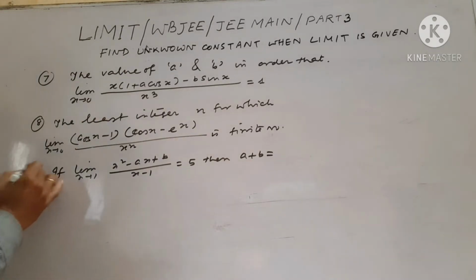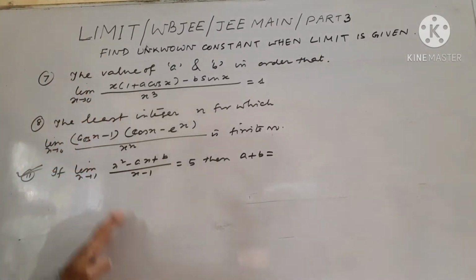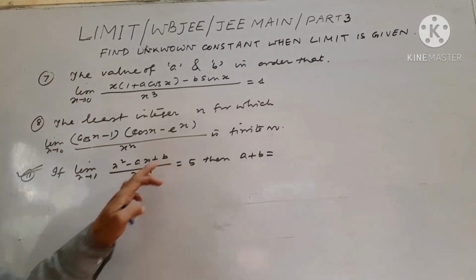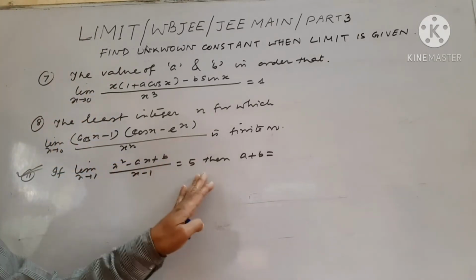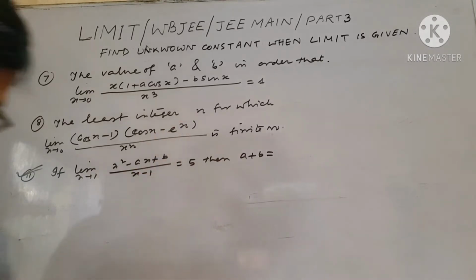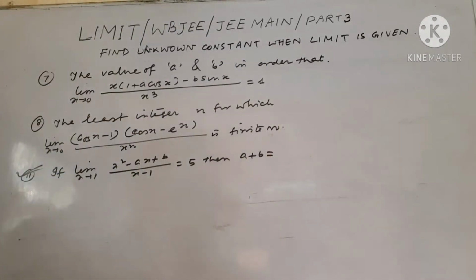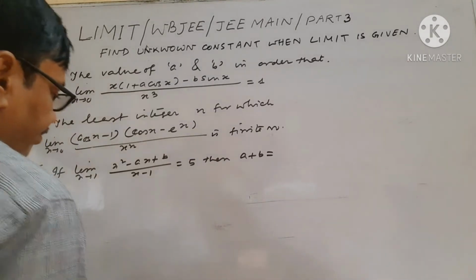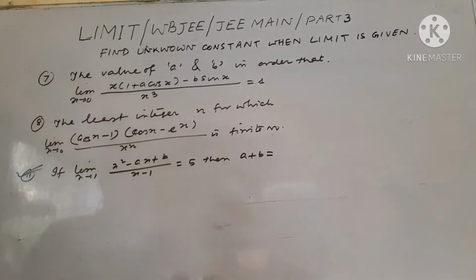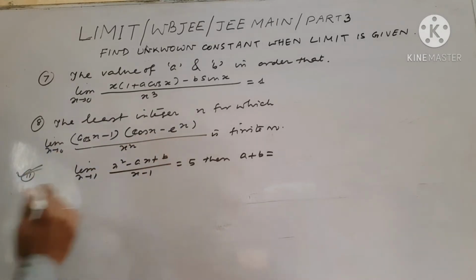So problem number 11 first. Limit x tends to 1, x square minus ax plus b by x minus 1 equals 5. This is finite. Find a and b. So it is finite and the value is 5.